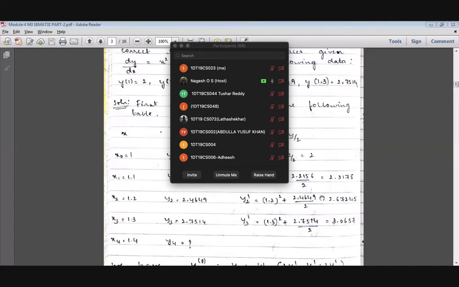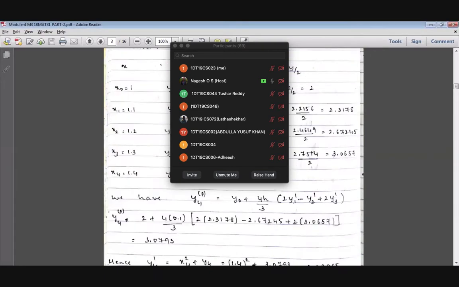Okay, after finding this out, take the formula.